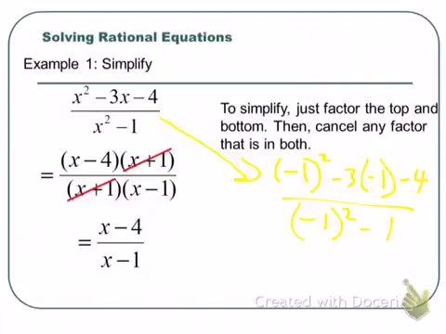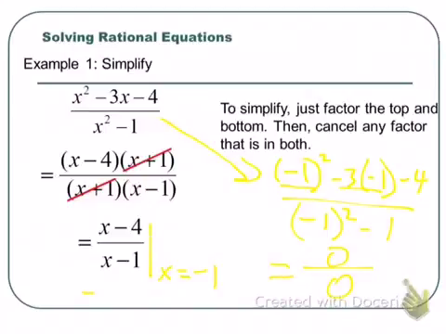Positive 1 plus 3, that's 4. 4 minus 4 is 0, right? And in the bottom, I got positive 1 minus 1, which is 0. What is 0 divided by 0? You can't do it, right? It's undefined. It's no good. It's broken.